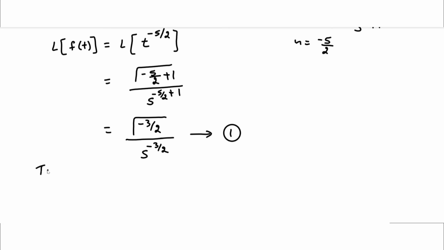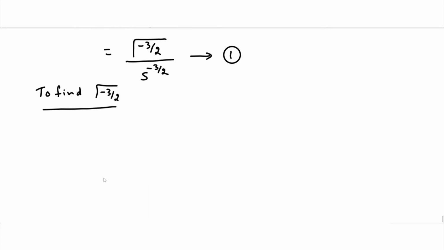To find this value of gamma of minus 3 by 2, I had shown the procedure of finding the value whenever you have a negative under the gamma function in the previous video. So you can watch my previous video to get the details of this negative function.